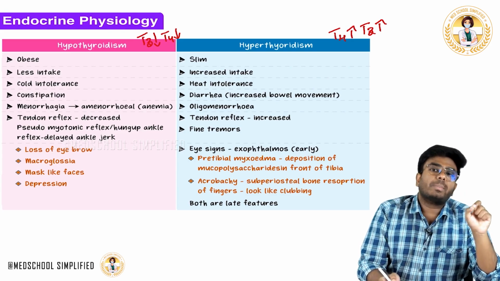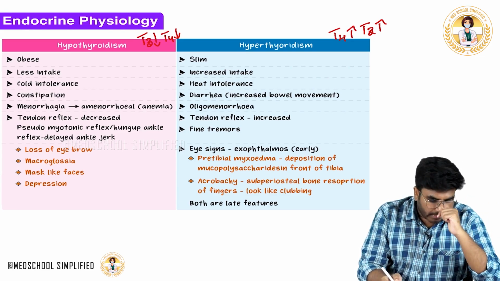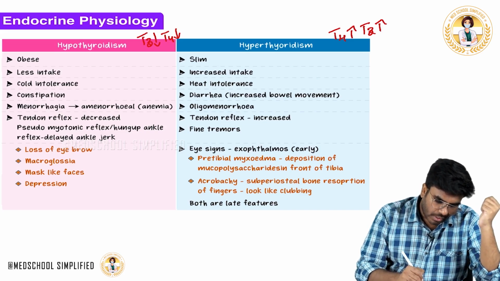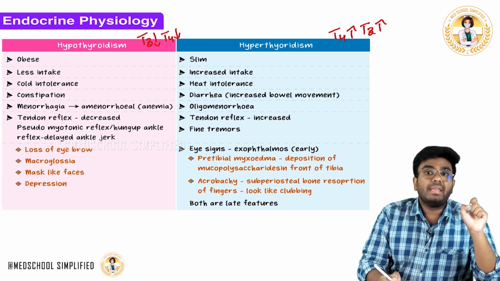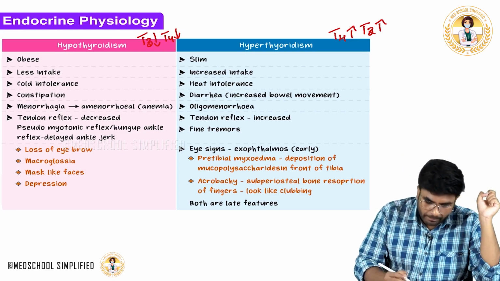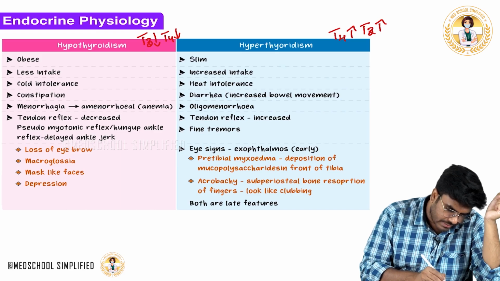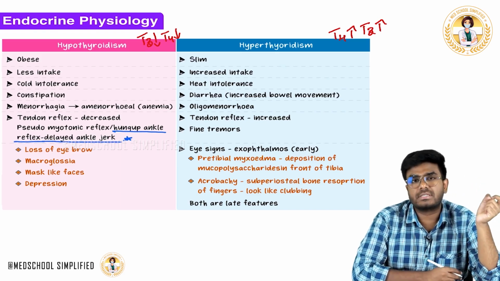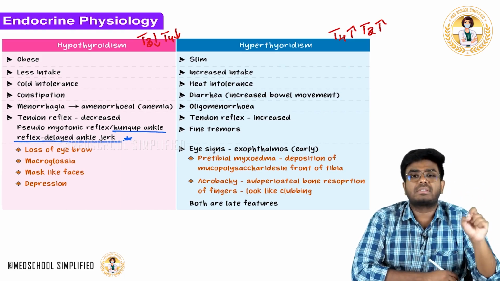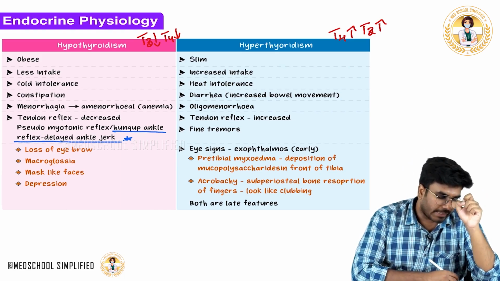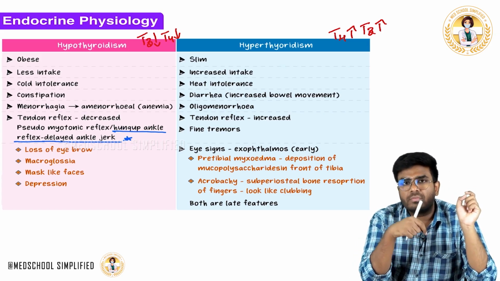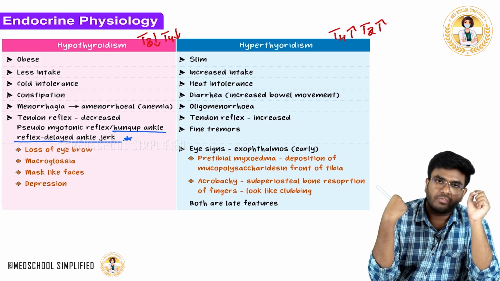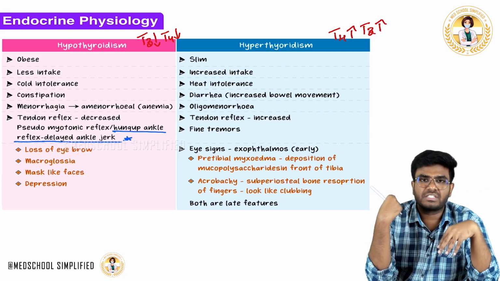This is the most important pathognomonic sign. The most reliable sign, or I should say the most specific sign in hypothyroidism, is the hung-up ankle jerk, or the delayed ankle jerk. When you tap on the Achilles tendon on the back of your foot, usually you will have a reflex, a jerk like this.